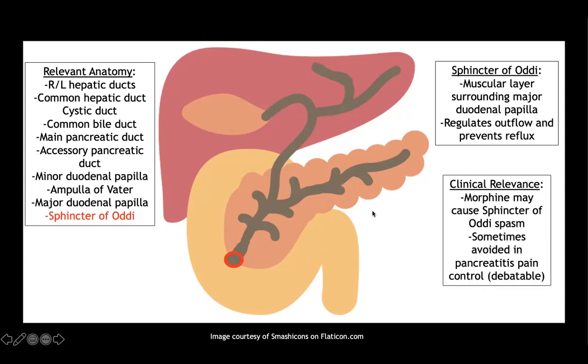And so there's some old theory that you should avoid giving morphine for pain in pancreatitis, because then you'll spasm your sphincter, which could actually worsen it because then the pancreas couldn't drain out. This has been a point of contention for many years, but you might get pimped on this. I don't think I've seen this tested, but I have seen a lot of attendings mention this, especially on surgery rotation.